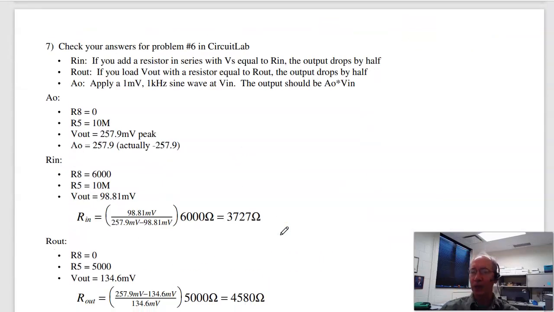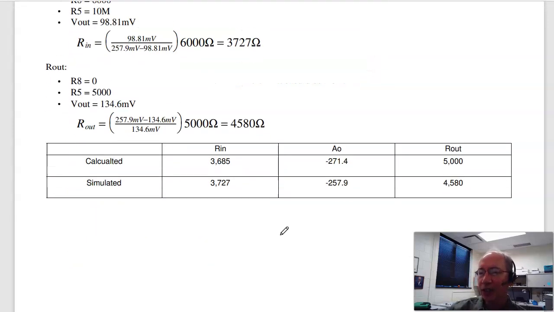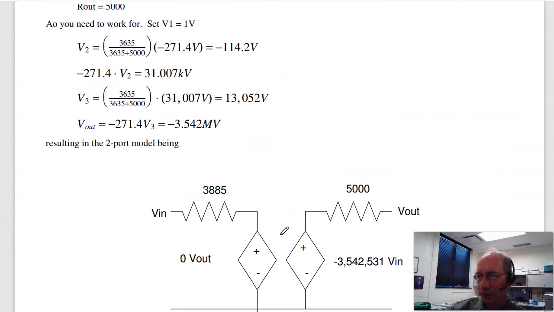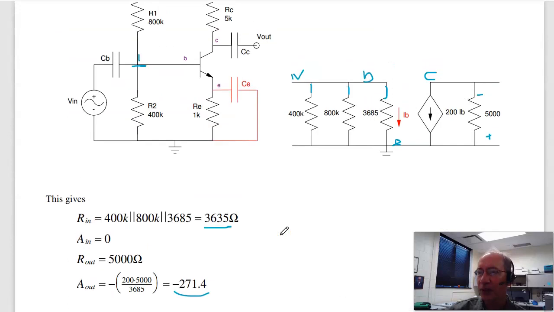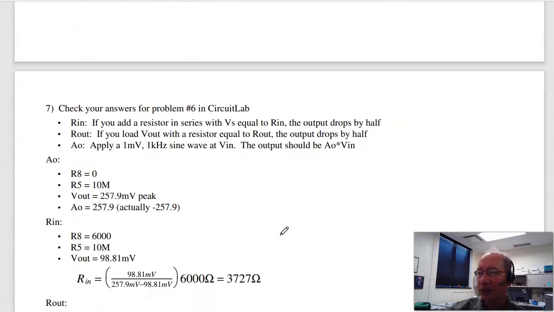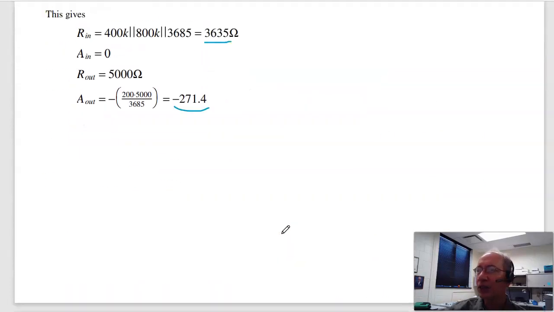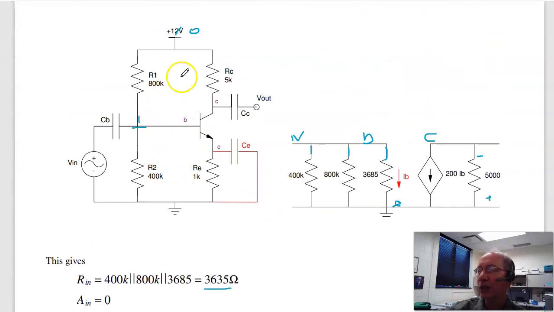In Circuit Lab, I can check. Do I have my circuit in Circuit Lab? Nope, I didn't do it. In Circuit Lab, what I can do is build this circuit. Again, you might want to build the actual circuit. But what I'm going to do is add a resistance in series right here. Add a resistance at the output. And if I vary those, I can find the parameters.